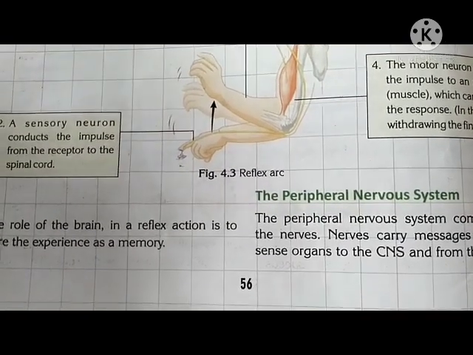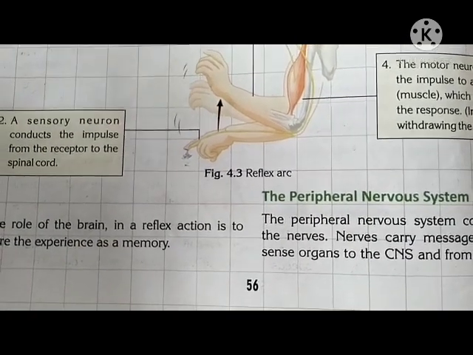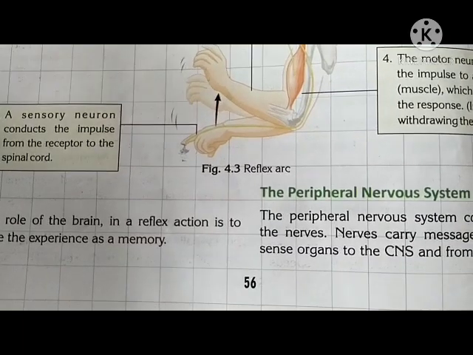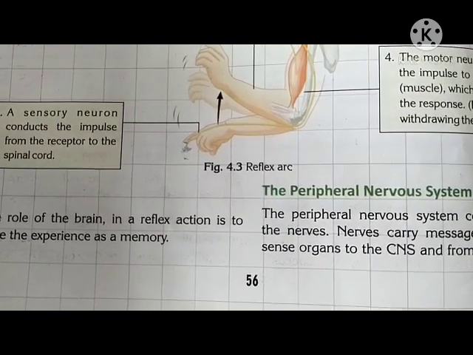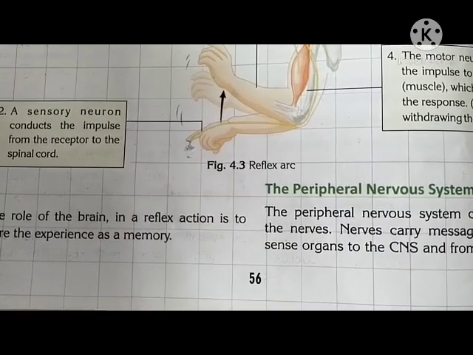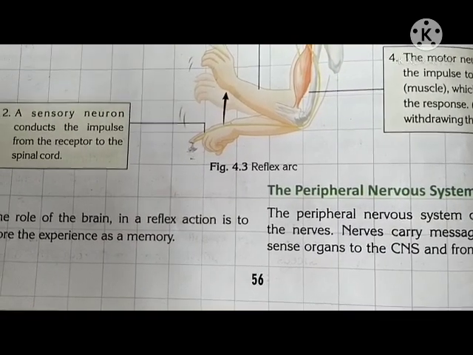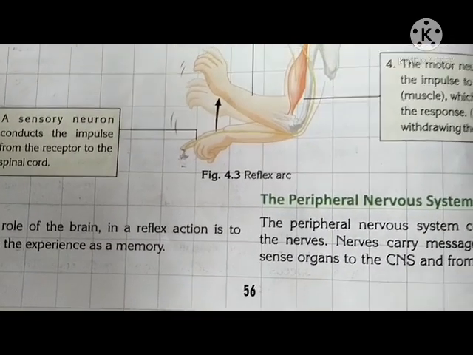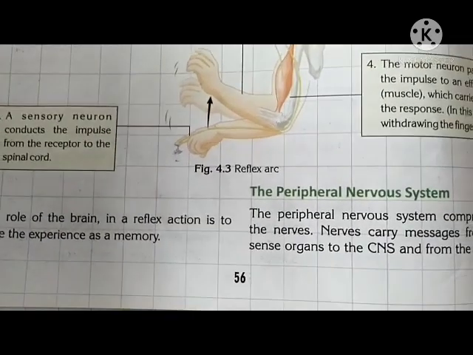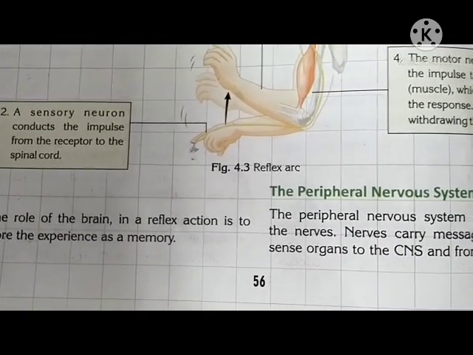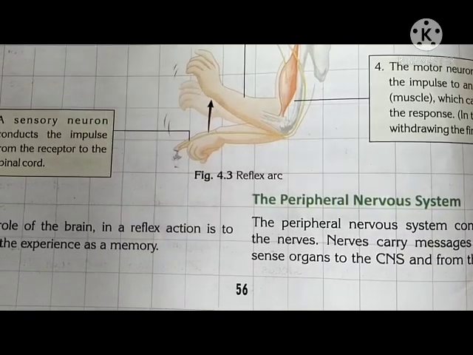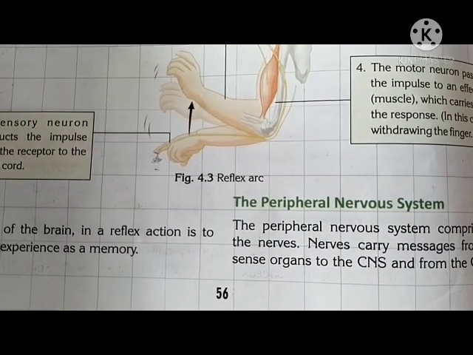I had told you that the nervous system consists of 3 parts. First is the central nervous system, second is the peripheral nervous system, and the third is the autonomic nervous system. We had completed our central nervous system, which contains the brain and spinal cord. Today we are going to study the peripheral nervous system.